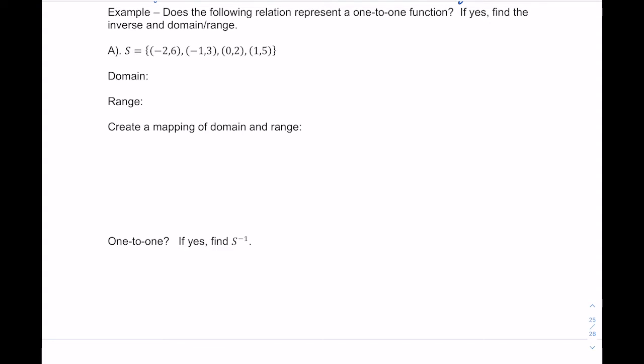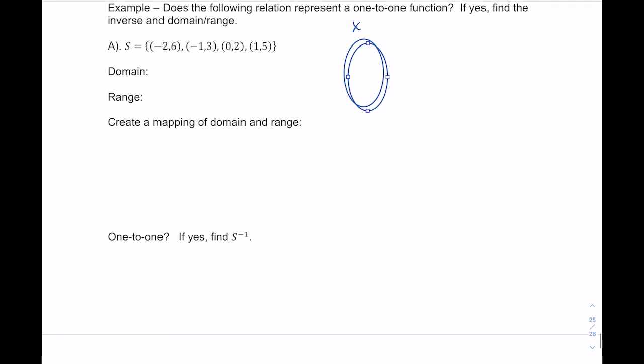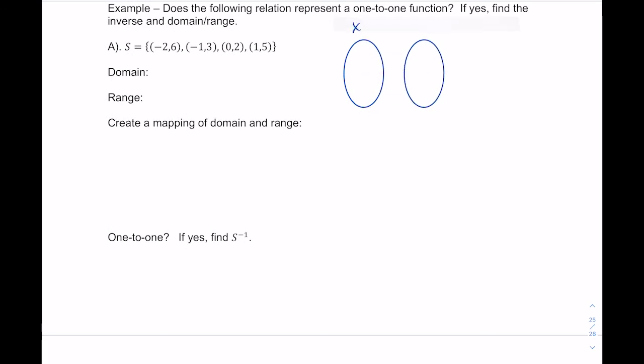If you would need to look at a mapping of that, it's a visual way of looking at a relation to determine certain things. So I'll put all my x's, my domain, in the left circle, and all my range or y's in the right one.